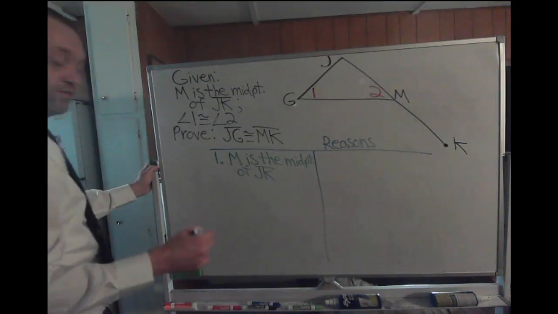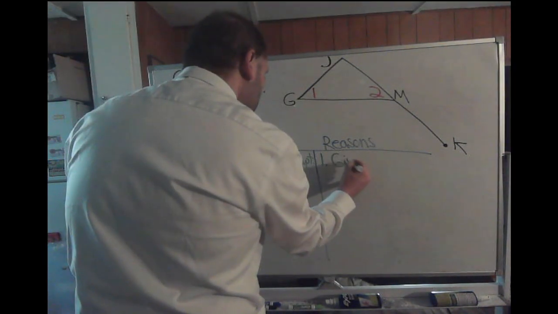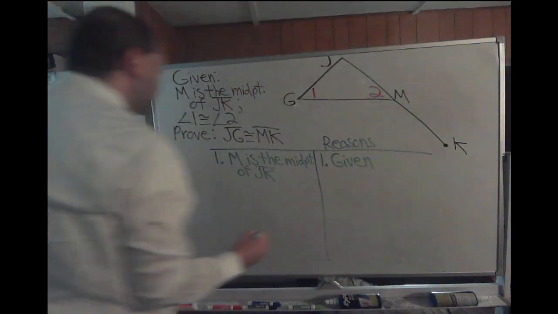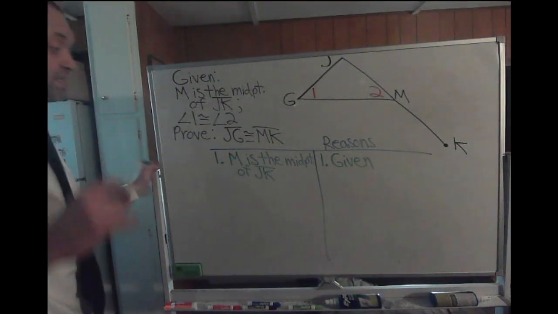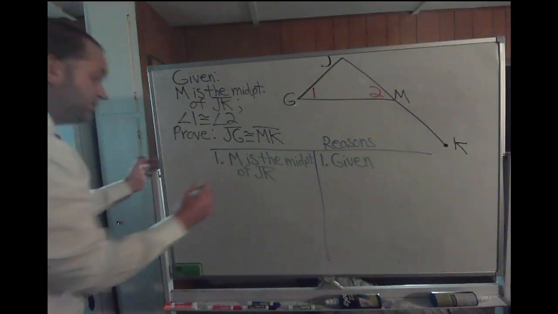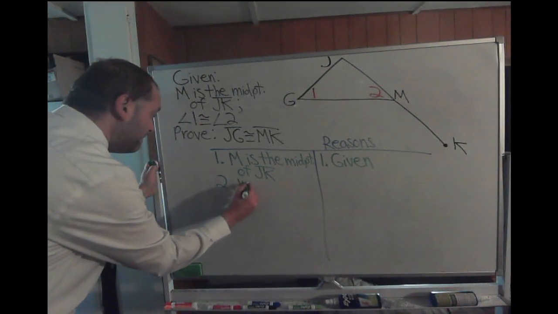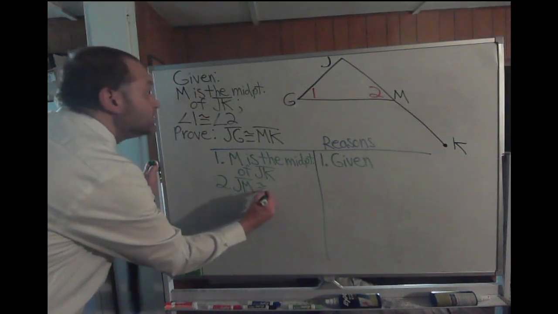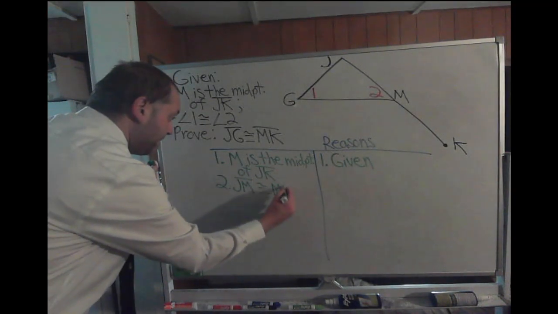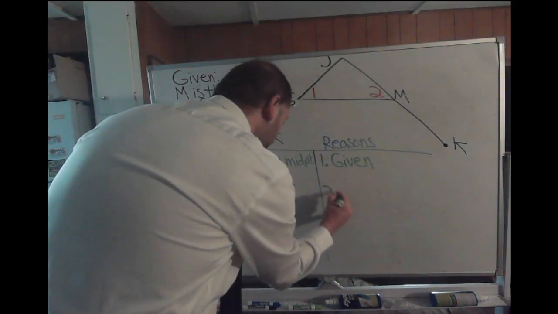Well, that's been given to us, so there's a reason. Now, let's expand upon that. If M is the midpoint of JK, then by the definition of midpoint, that means that JM is congruent to MK. That's going to be by the definition of midpoint.